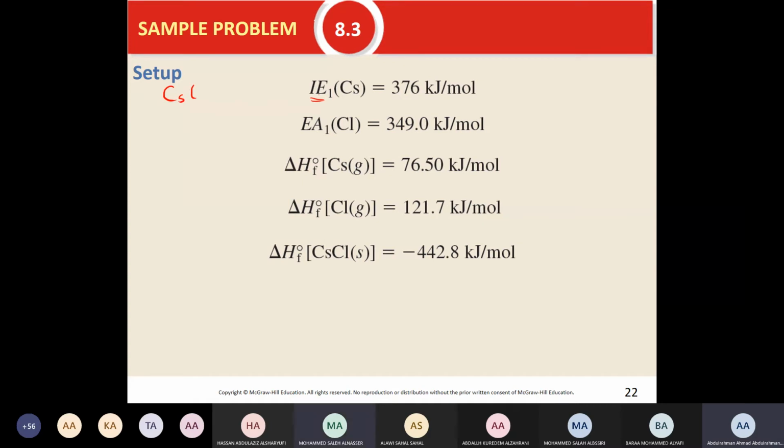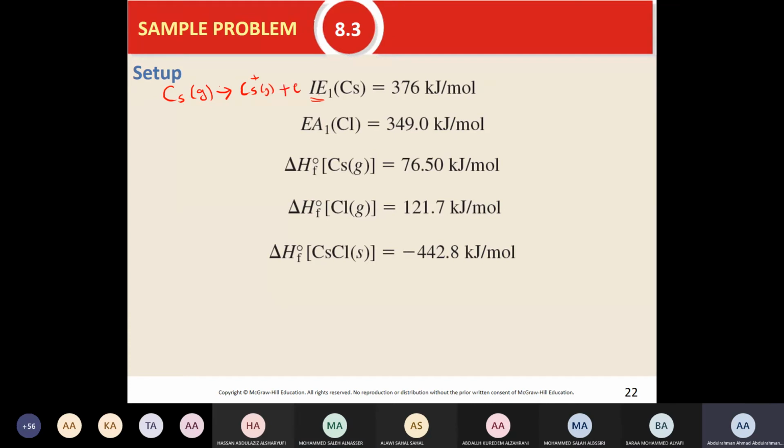Cs gas, ionization energy, plus electron... Cs goes to Cs plus gas plus electron.